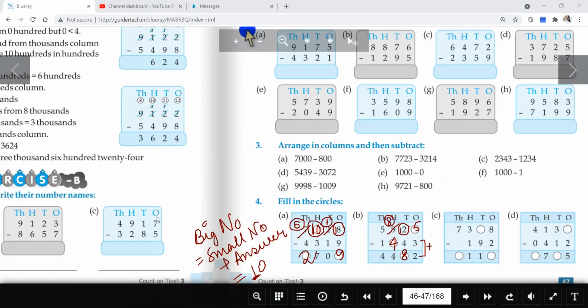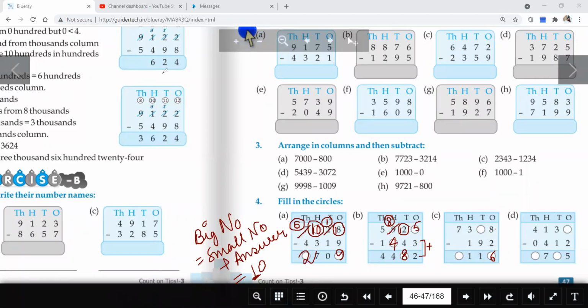Understand it and write it. Only then will you be able to understand. Now here, simple addition is there, simple subtraction is there. So from 8 we are subtracting 2, so it will be 6, right?